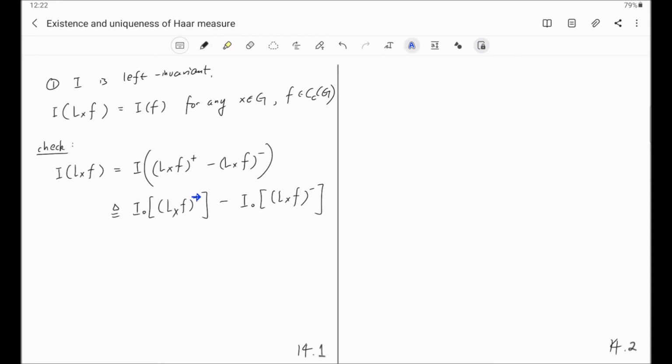But the positive part of the left translation of a function is the same as the left translation of the positive part of the function. So you should observe that those two are equal, and the same for the negative part.